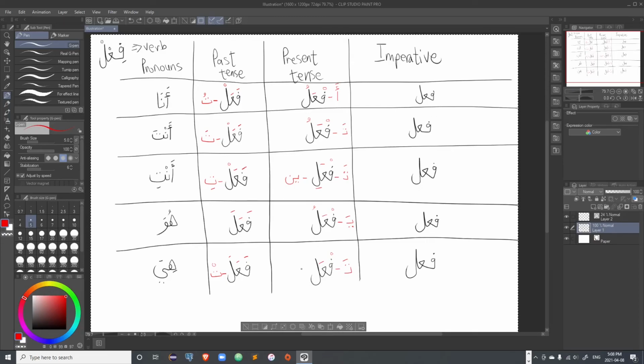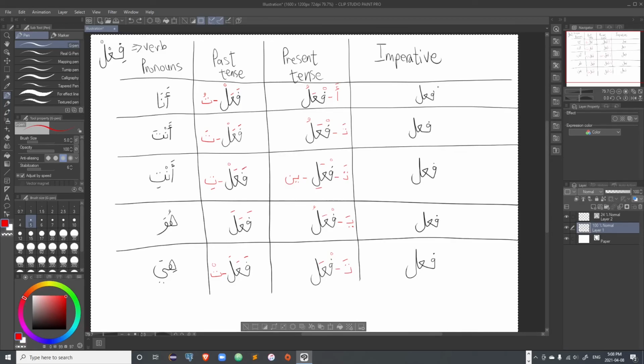Also, speaking of forgetting, I forgot to mention the words that have a connecting hamza, or hamzat wasl, in the previous video, but I will be covering that with the imperative, because there are certain imperative verbs that use the connecting hamza, so I will cover all of that together shortly after we finish with the table.